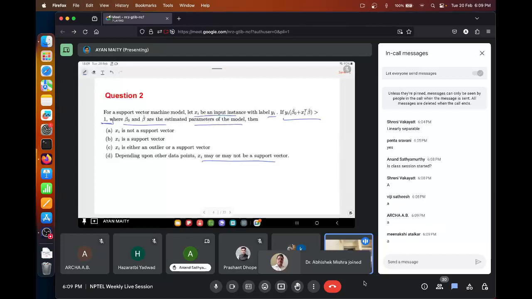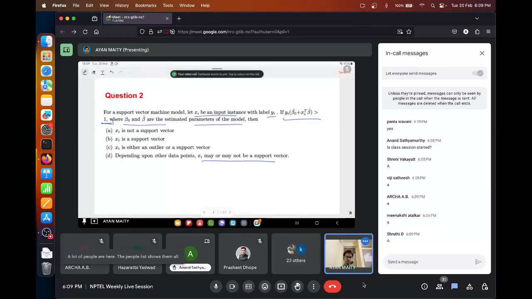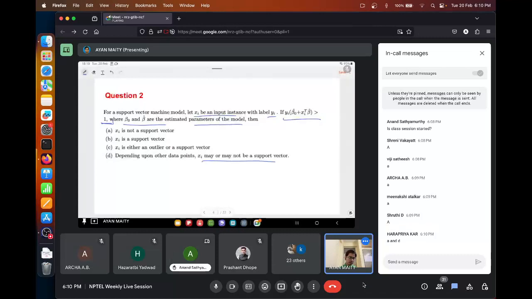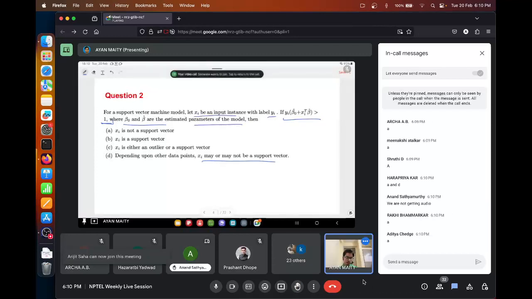Archa is saying A. Meenakshi is saying A. Harapriya Kaur is saying A and D. Rakhi is saying A, Aditya is saying A.